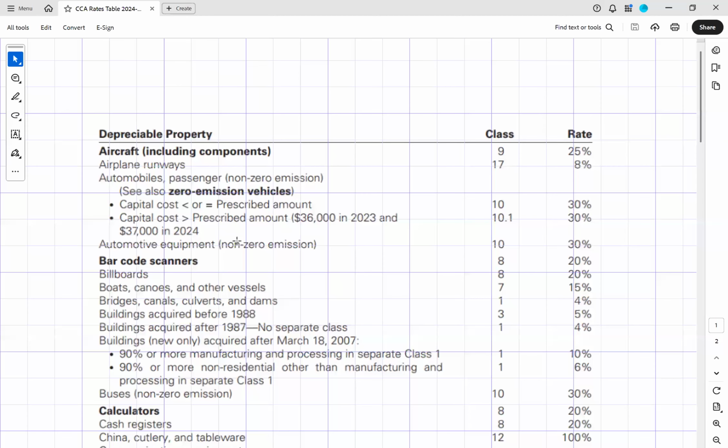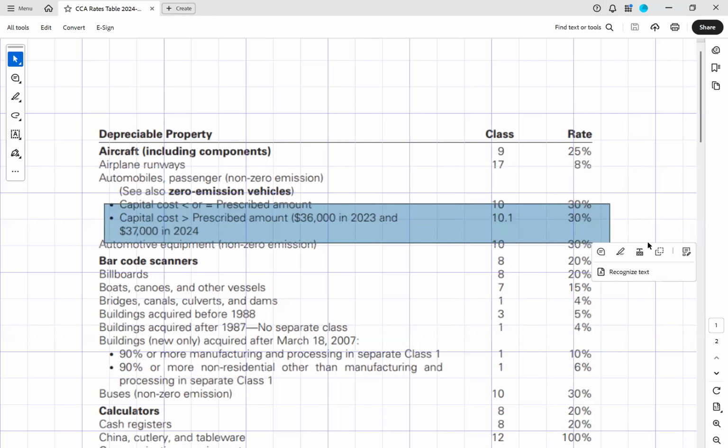For 2024, the threshold under automobiles here, the prescribed amount for 2024 is 37,000. So that means that only 37,000 can be added into class 10.1, not the full 56,000. So let's go back to our Excel document.